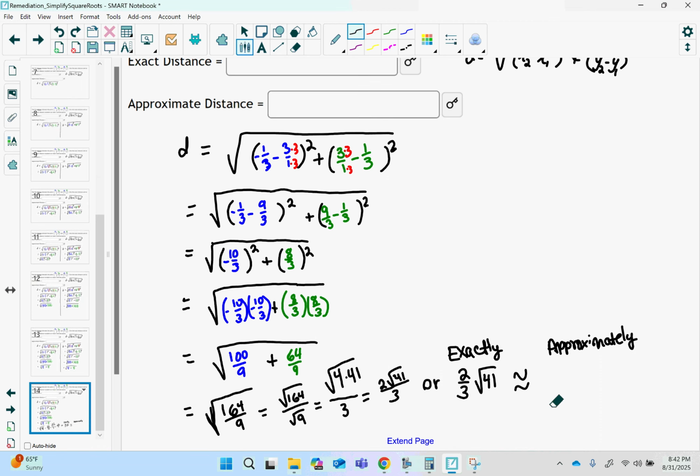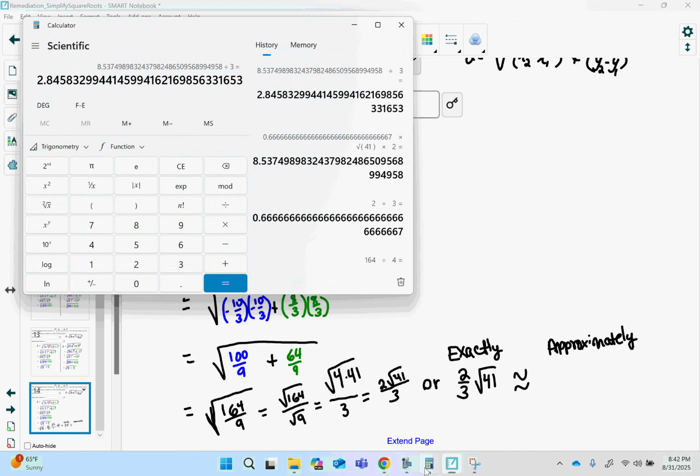Okay, so to do this in a scientific calculator, depending on the model of the calculator, you might do it in different ways, but I'm going to show it just with the one that's on my computer. It's not my favorite way. The way this calculator works is not my favorite way to deal with a calculator.